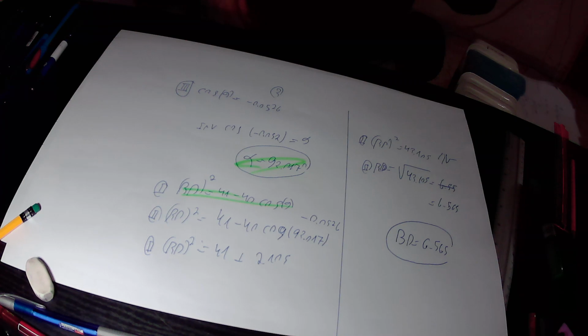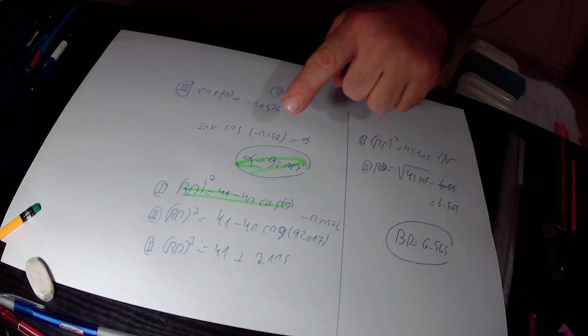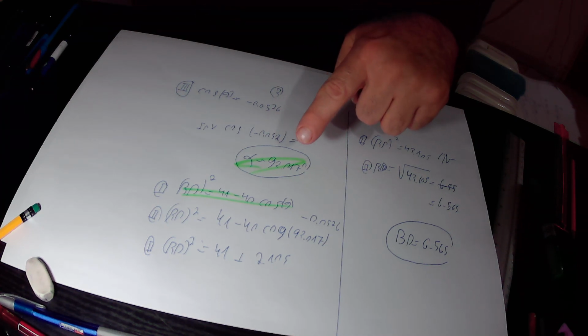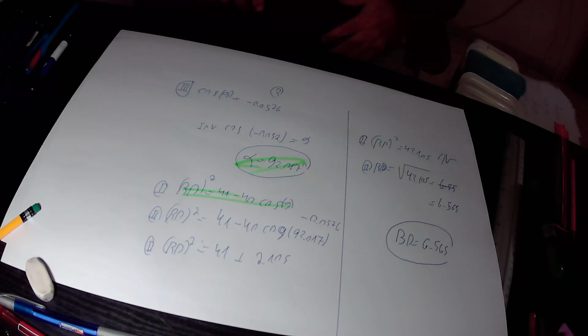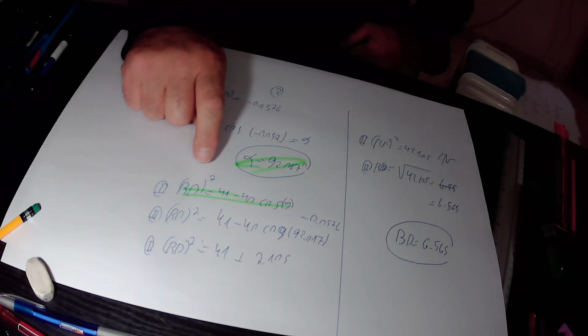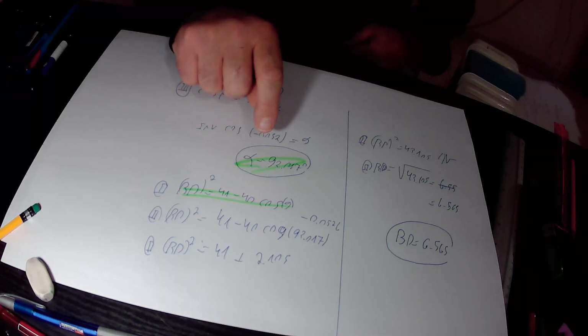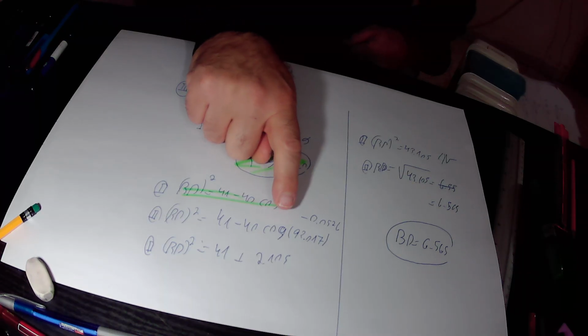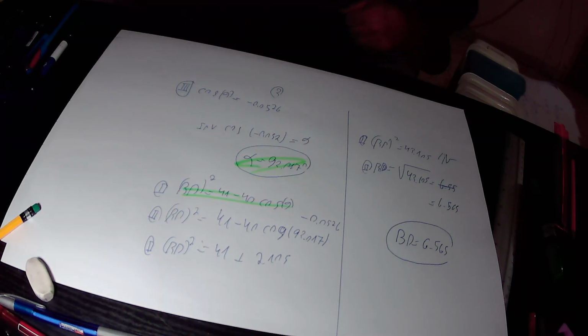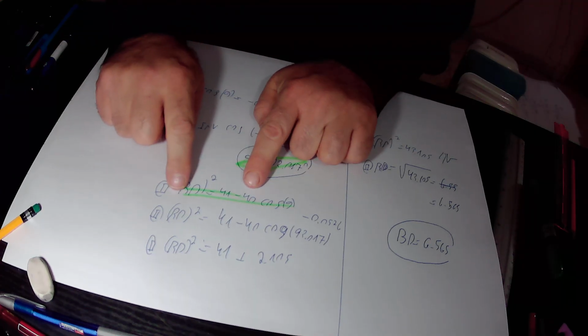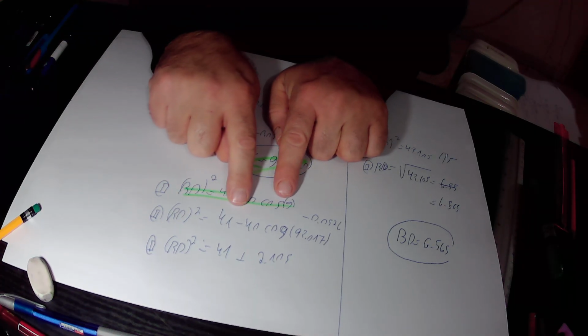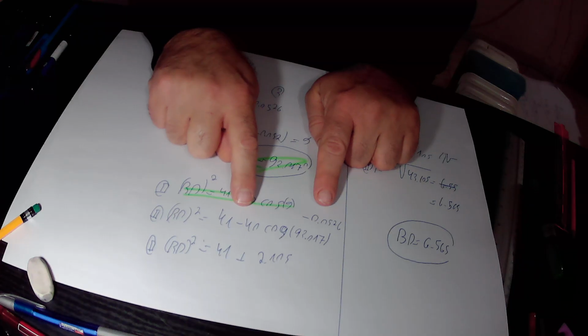Now, according to equation 2, BD squared equals 41 minus 40 times cosine alpha, and alpha is 93.017 degrees. So BD squared equals 41 minus 40 times cosine 93.017 degrees.